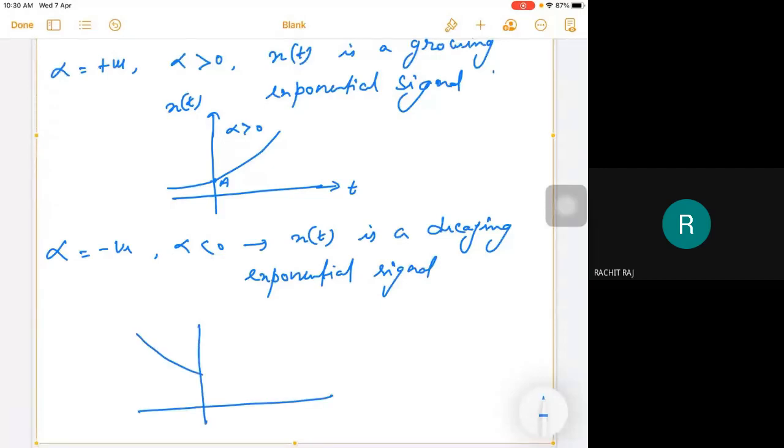It means with time it will keep decaying. That is your x(t) when alpha is less than 0, and at this point the value will be A, and it is decaying. Okay, so remember these two graphs, they are very important. Now the same will be the case for the discrete. In the discrete case, rather than drawing this overall, just draw in this manner.